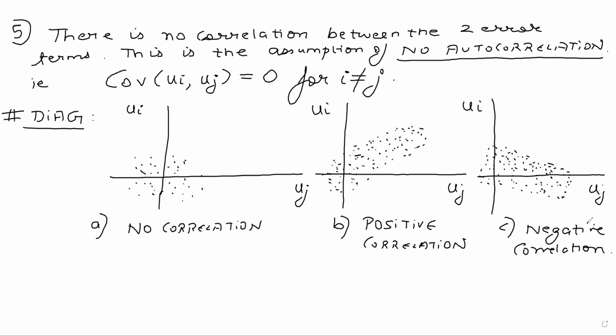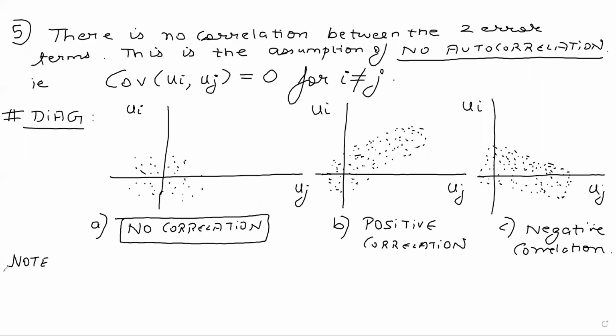I hope students are clear. So the assumption of the classical linear regression model is that there is no correlation, meaning ui and uj are completely uncorrelated.